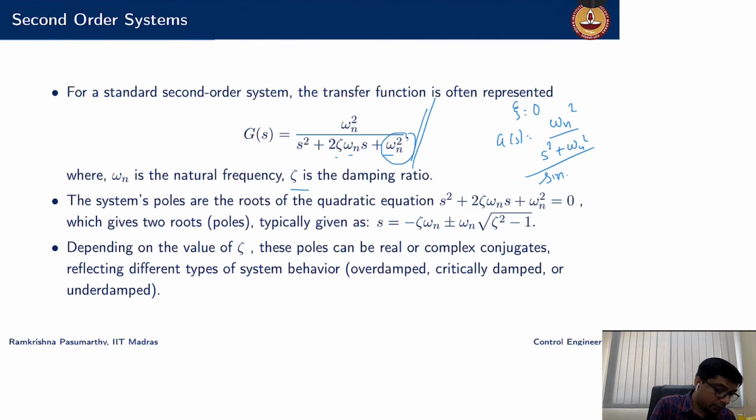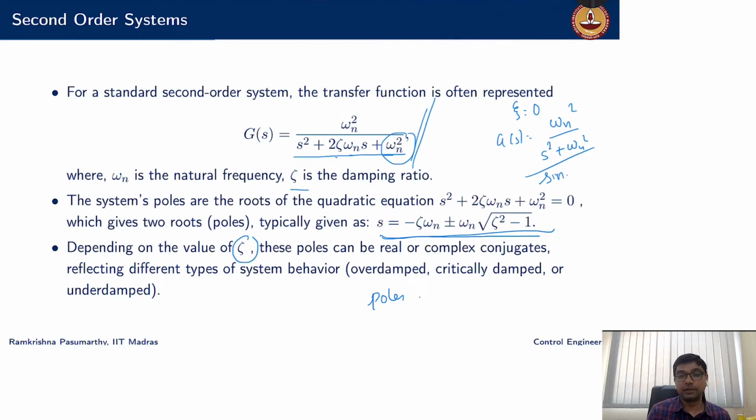Now given a transfer function, we are interested in what the poles of the system are. And the poles are typically given in this form, if I'm looking at complex conjugate roots. This is the general form of the solution, but depending on the value of zeta, the poles can be either real or complex conjugate.